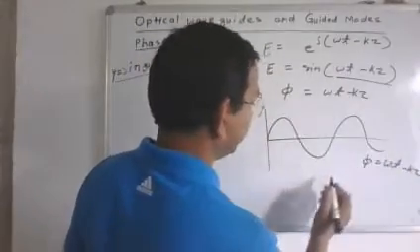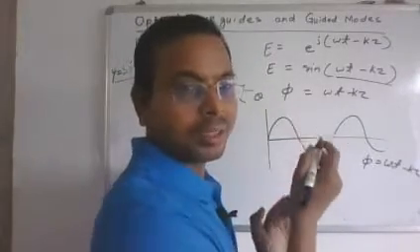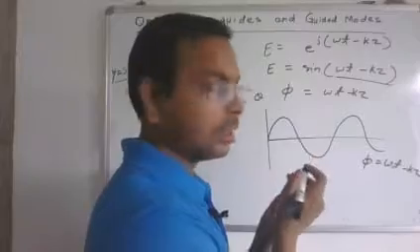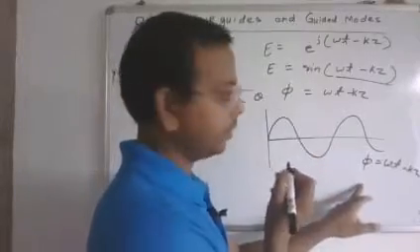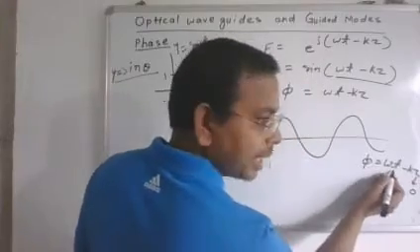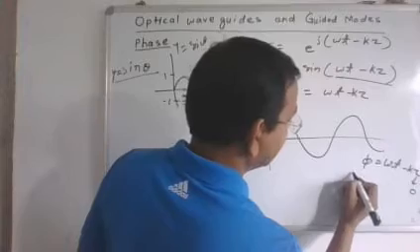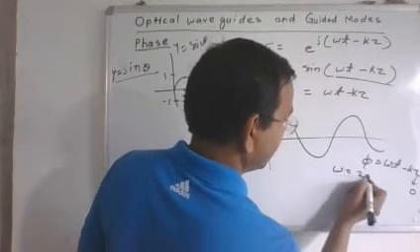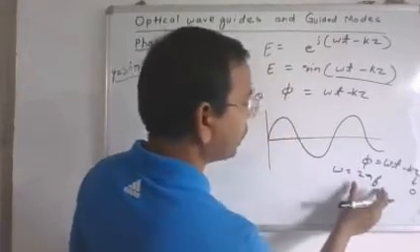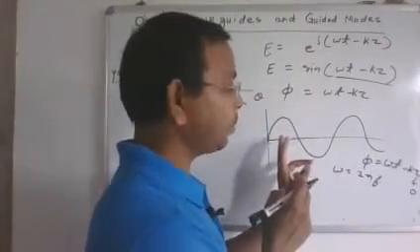At any constant z we want to see, from the origin at some point z is fixed, and we want to see how the phase is changing. If this term is dropped, phi is nothing but omega t only. And what is omega? Omega is equal to 2 pi f, where f is the frequency of the electromagnetic field. With that frequency, it will keep on oscillating.